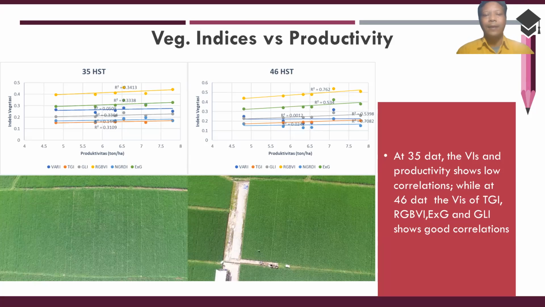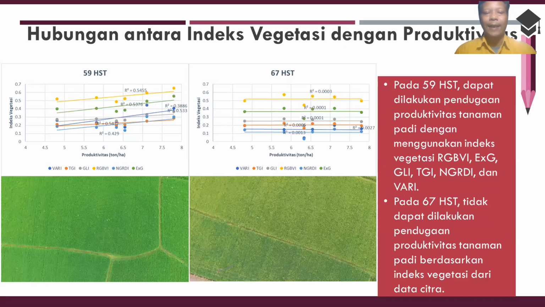But as the crop grew to 46 days after transplanting, some of the vegetation indices show good correlation between the index and the productivity.